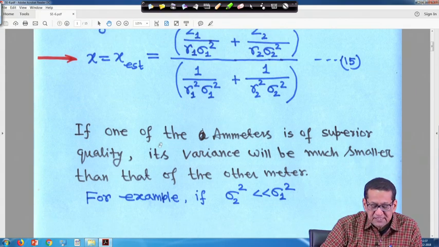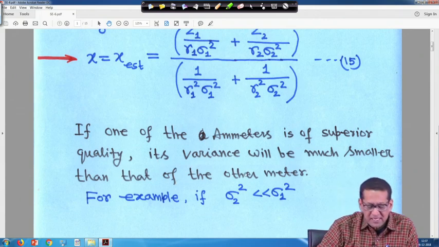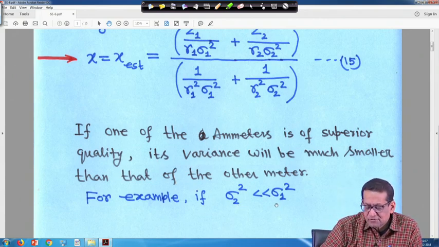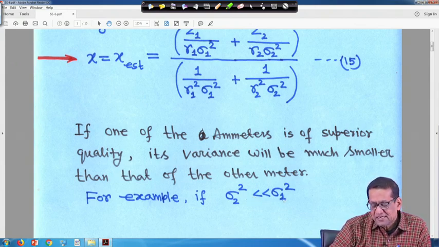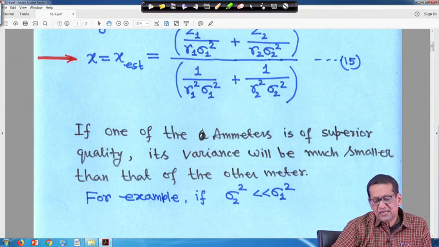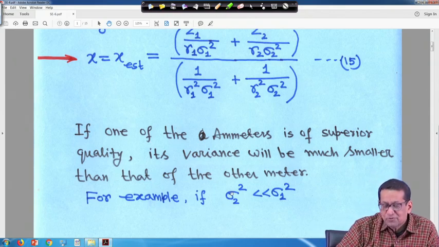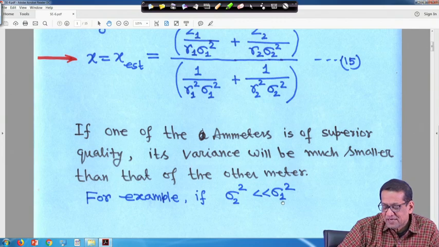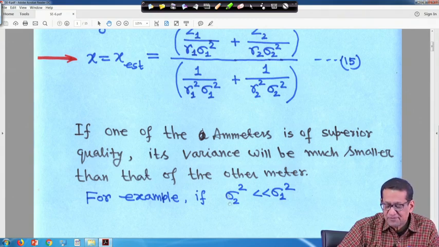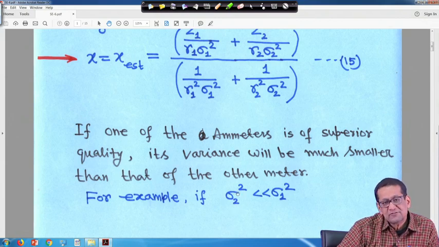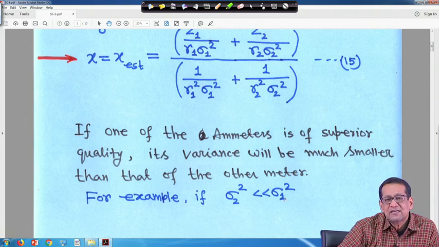So, for example, if sigma 2 square is much less than sigma 1 square, that means ammeter 2 is of superior quality than ammeter 1, because its standard deviation is much less than that of ammeter 1. So here the variance sigma 2 square will also be much smaller compared to the other meter's variance sigma 1 square.